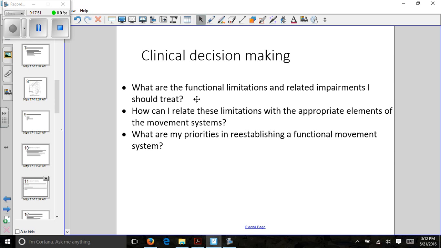How if I have somebody that has congestive heart failure, so they have a depressed ejection fraction, how is that going to impact the support system of my movement system? Maybe I need to alter the exercise somewhat. And then establishing what your priorities are. What are the most important things that you want to do first?